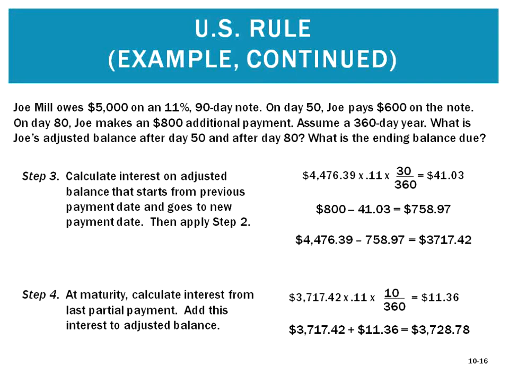So the total amount that he owes on day 90 is the remainder of the principal, which is 3,717, plus your interest, which is $11.36. So now at day 90, he still owes $3,726.78. Okay, so we have to go through a couple of steps because he made a couple of payments.